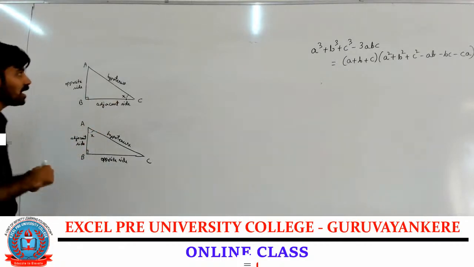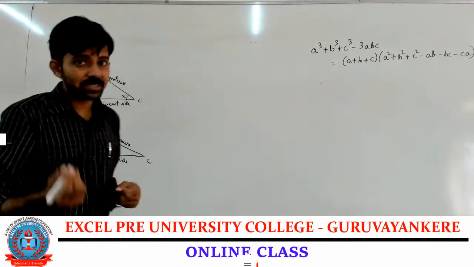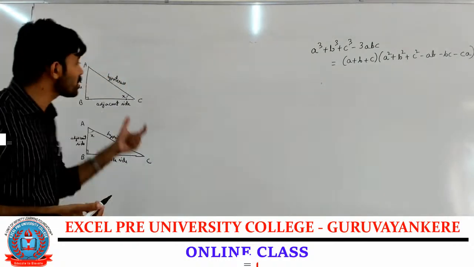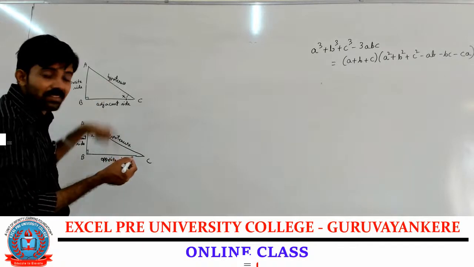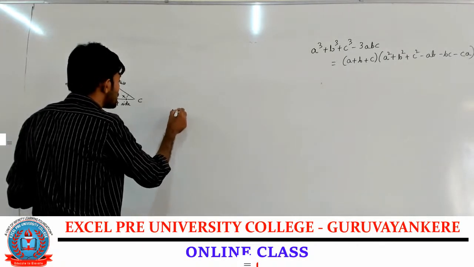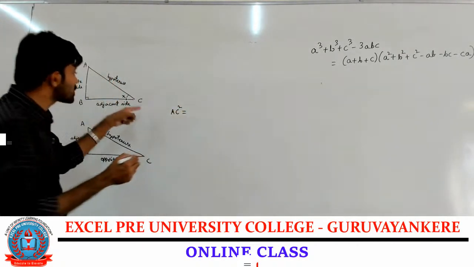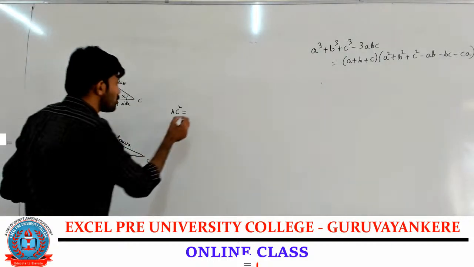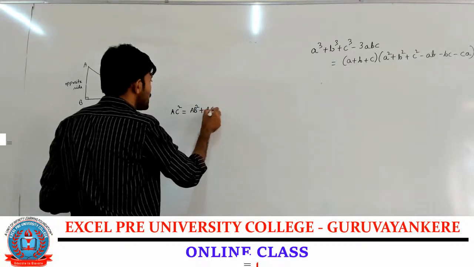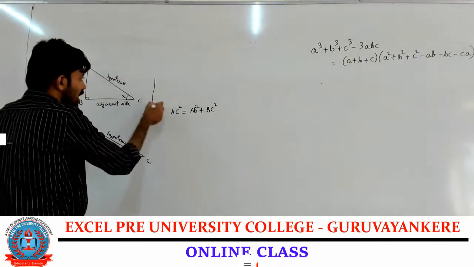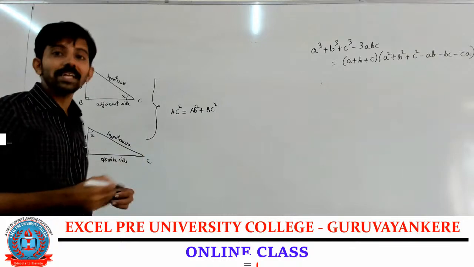You know the Pythagoras theorem: the square on the hypotenuse is equal to the sum of the squares on the other two sides. In both the triangles, AC is the hypotenuse, so AC square is equal to AB square plus BC square. In both right angle triangles, we can apply the Pythagoras theorem.